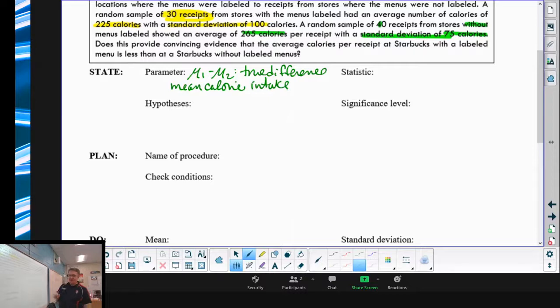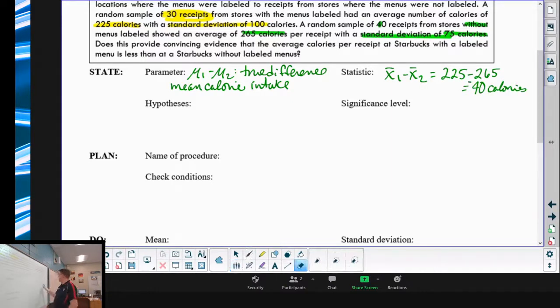Our statistic here is obviously going to be x bar 1 minus x bar 2. And in that case here, we have 225 minus my 265. So that's going to be negative 40 calories. Let's make sure that's clear.